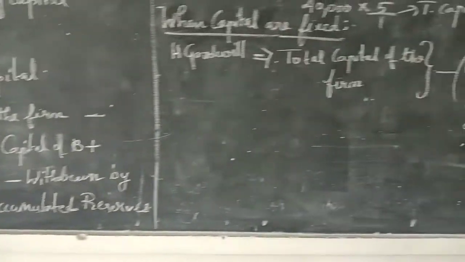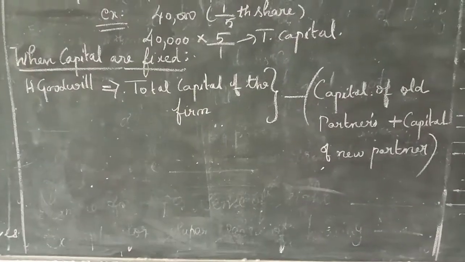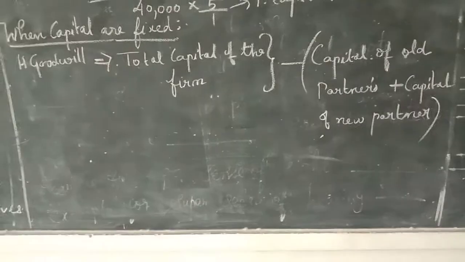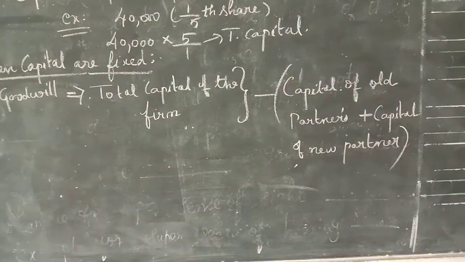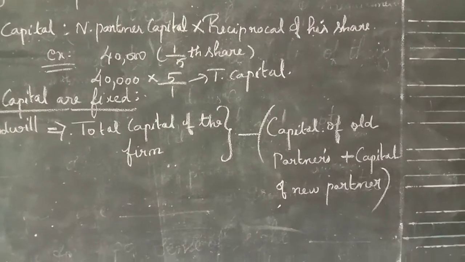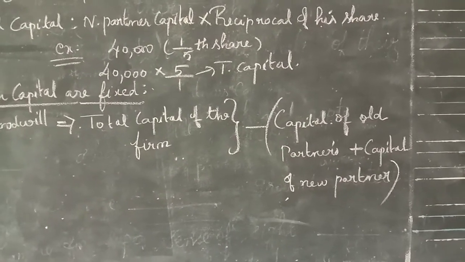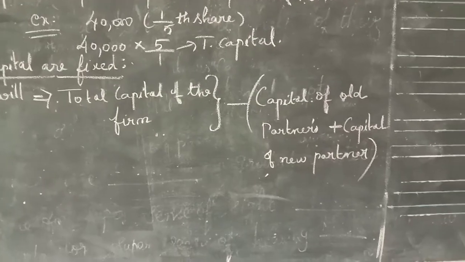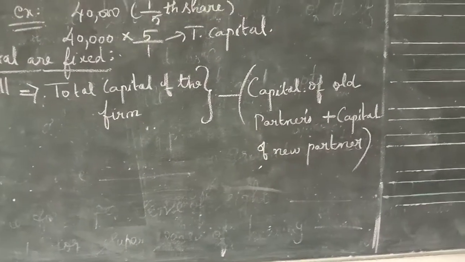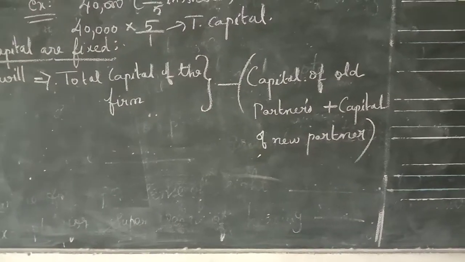Next, let us see how to calculate the hidden goodwill when the capitals are fixed. It is a very easy one. The total capital of the firm we already studied: the new partner's capital into the reciprocal of his share. First we find the total capital of the firm, and we subtract the capital of the old partners and the capital of the new partner.